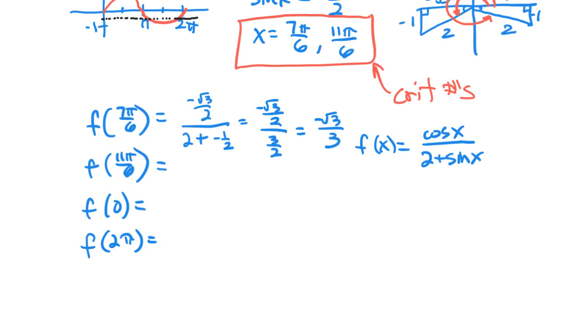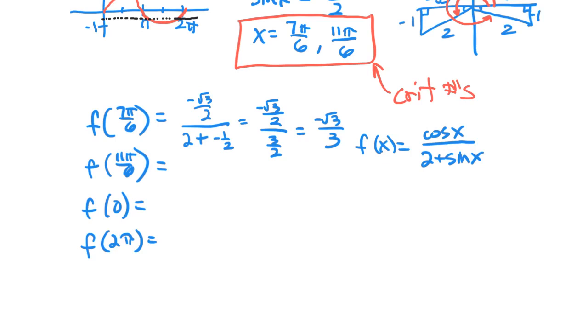Now if we do the same thing at 11 pi over 6, we get something very similar. 11 pi over 6 is over here. Cosine of 11 pi over 6 is going to be positive square root of 3 over 2. And then in the denominator, 2 plus sine of 11 pi over 6, and sine of this is again negative 1/2.